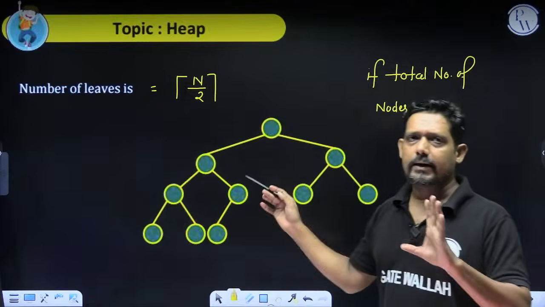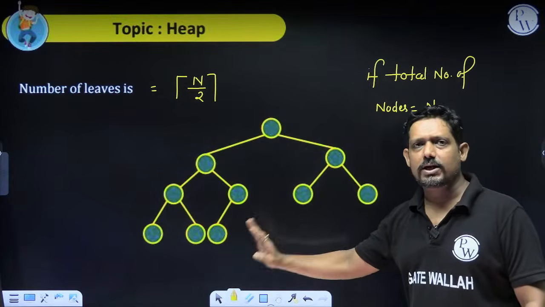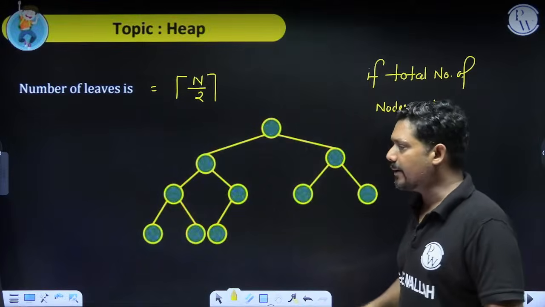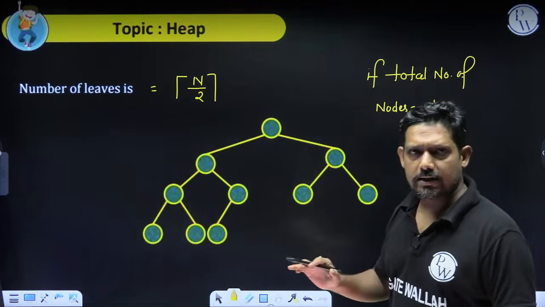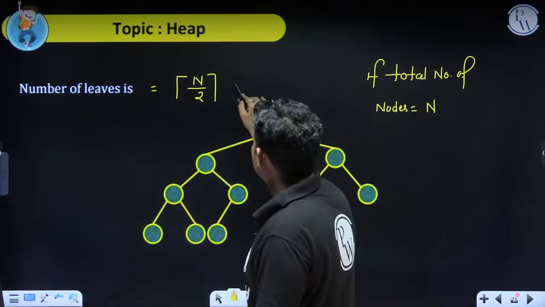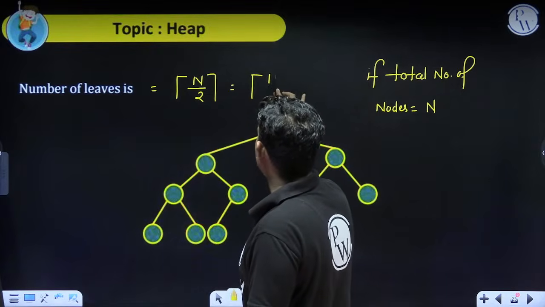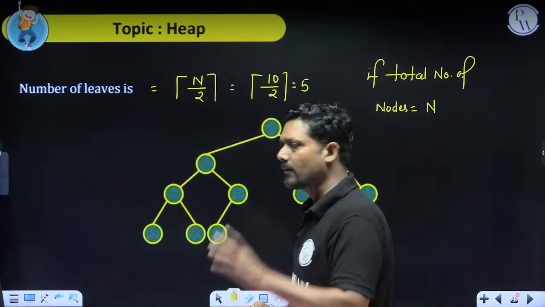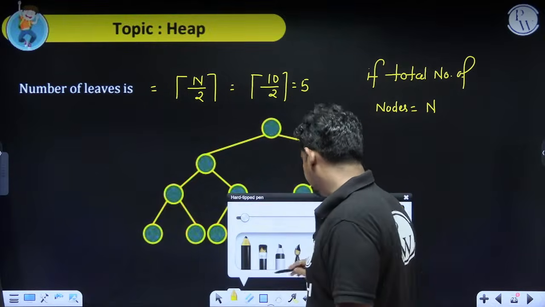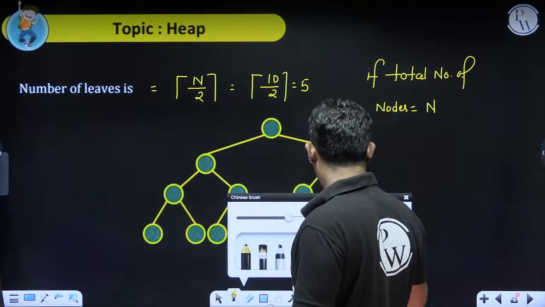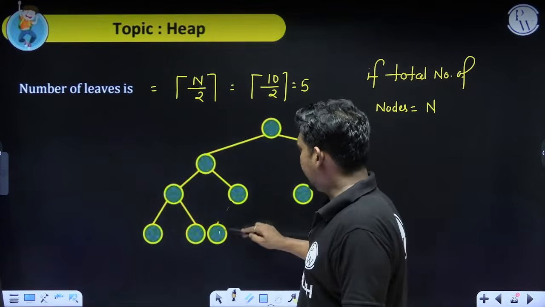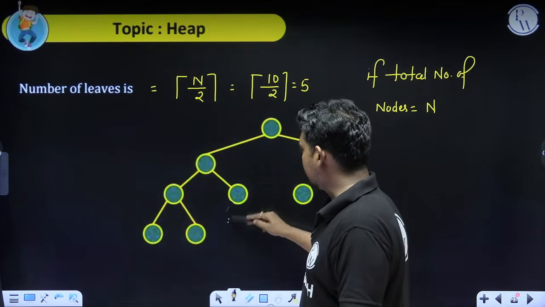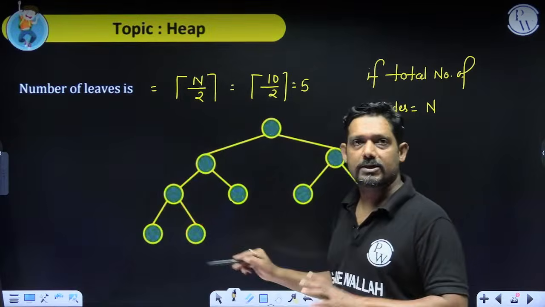You can take this example that there are 10 nodes. Ceiling value, I think you will be confused. 10 nodes are there, then the number of leaves will be 10 divided by 2, and that is equal to 5. Now suppose I take this out, it is gone.